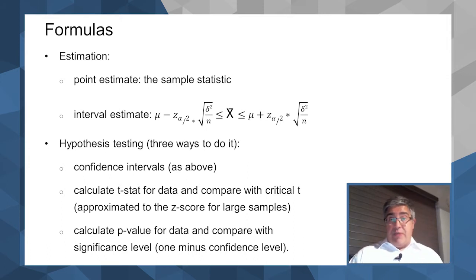That value I just mentioned of 1.96 is a t-critical because it is the t or z score that cuts off 2.5%. Or we can also calculate the p-value associated with the t-stat and compare with the significance level that we want. The significance level is 1 minus the confidence level. So if we want a confidence level of 95%, the significance level will be 5%.